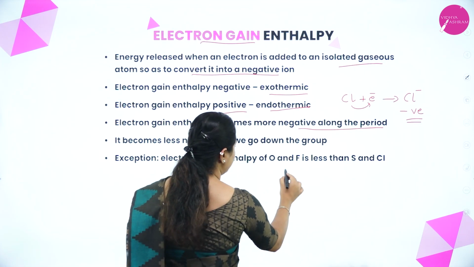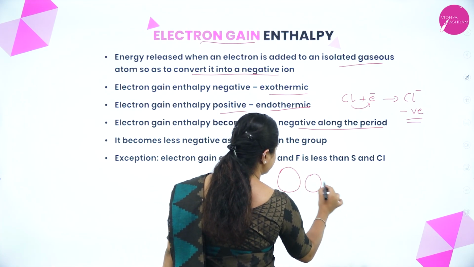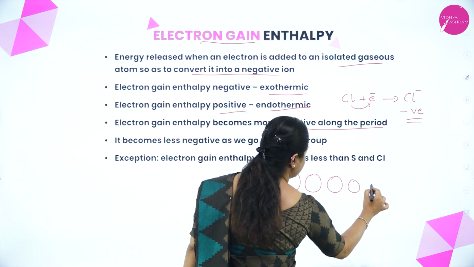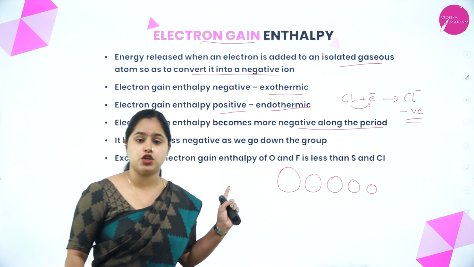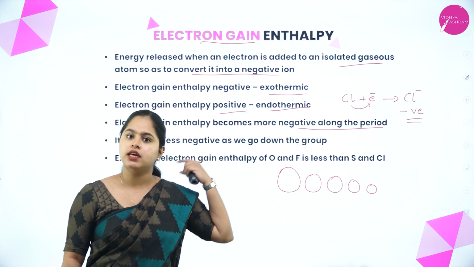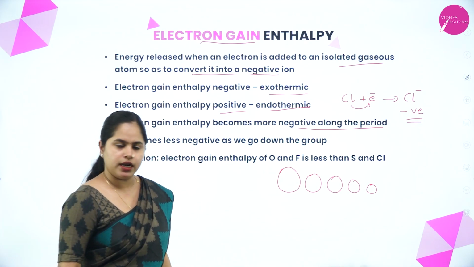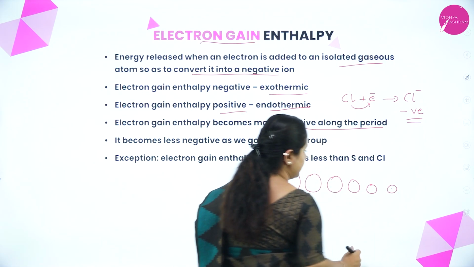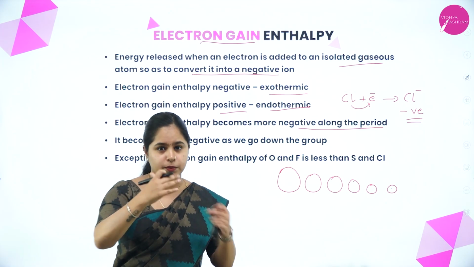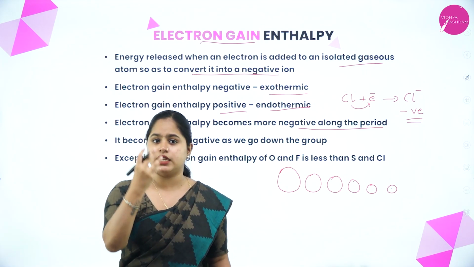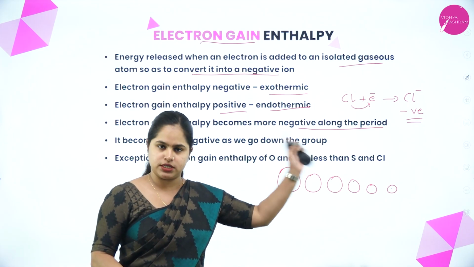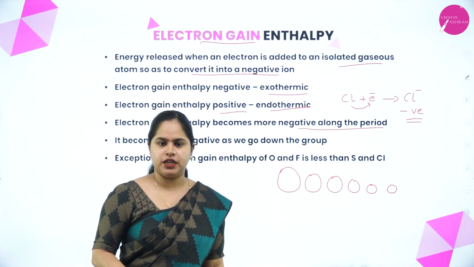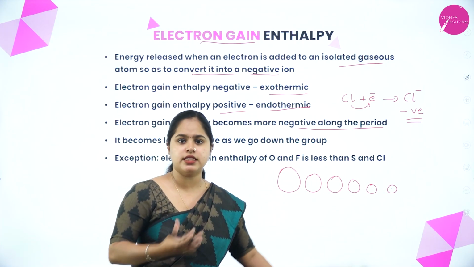We know that the size of the atom keeps on decreasing. The periodic trend is that the atomic size along the period keeps decreasing. So towards the end of the period, the nucleus and the outermost electron will be very close to each other. The atomic size is very small towards the right of the periodic table. As we move from left to right, the size decreases.